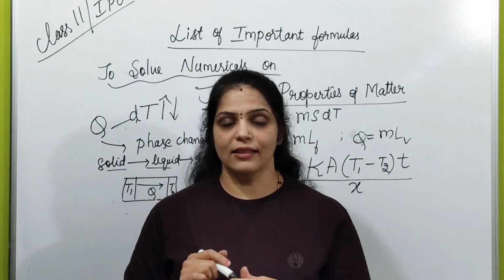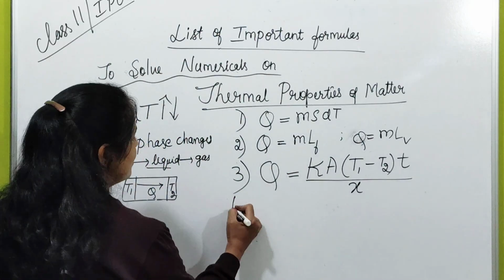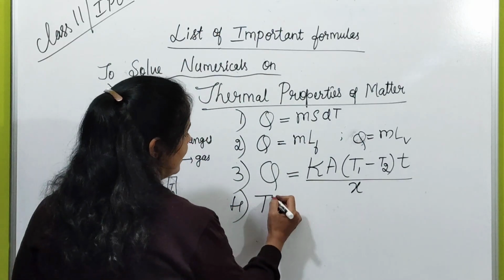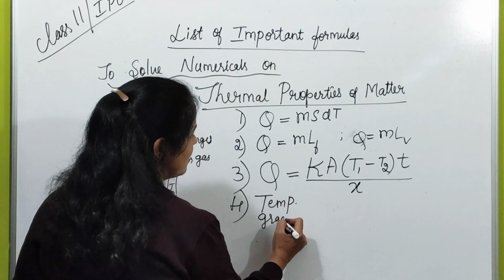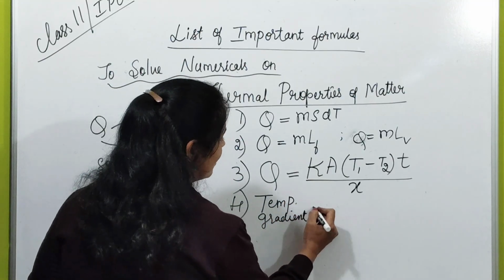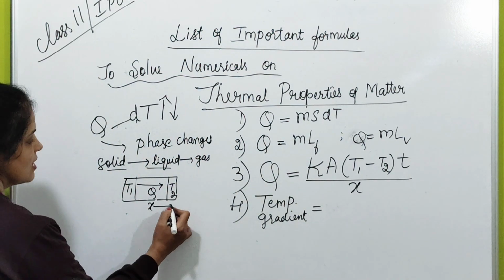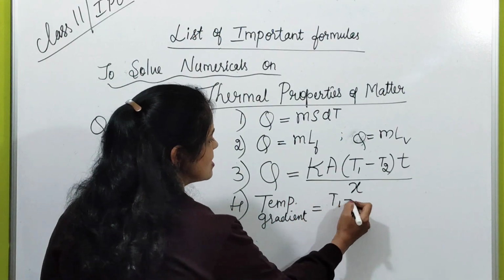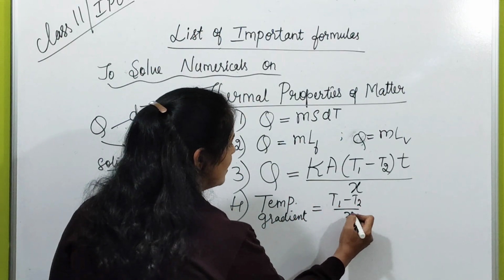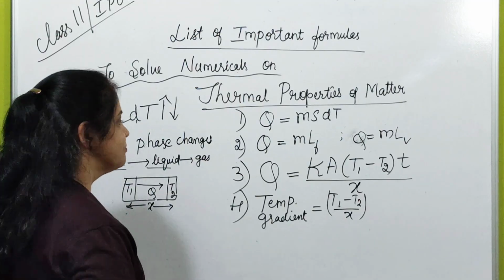So it depends on the situation. Another one is temperature gradient. Temperature gradient is the change in temperature as we move from one end to another. If x is the distance between those two positions, then the temperature gradient is (T1 minus T2) by x, where the numerator is the temperature difference.